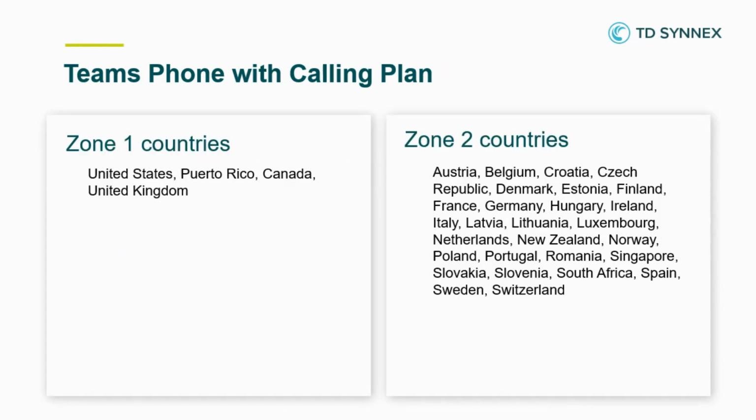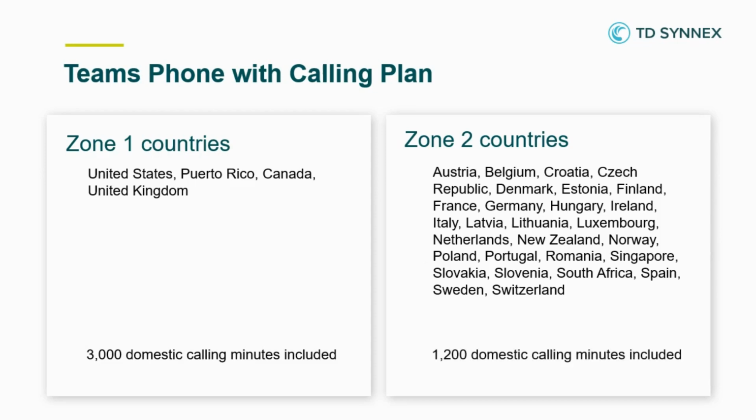We can see here the countries that are included in the different zones. The main difference between the zones being the number of domestic calling minutes included in the calling plan, with Zone 1 countries receiving a default of 3,000 domestic calling minutes and Zone 2 countries getting 1,200 domestic calling minutes.